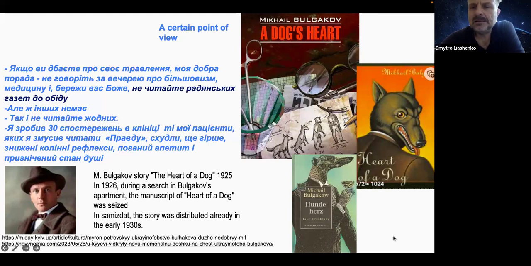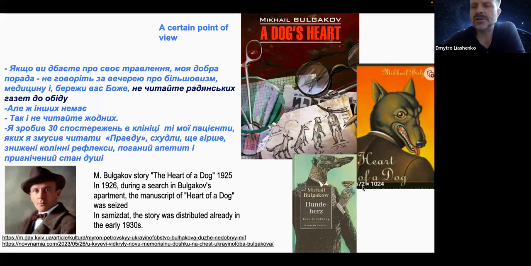Here you can see some graphical representation of Mikhail Bulgakov's novel, A Dog's Heart. These books have been published in different countries.